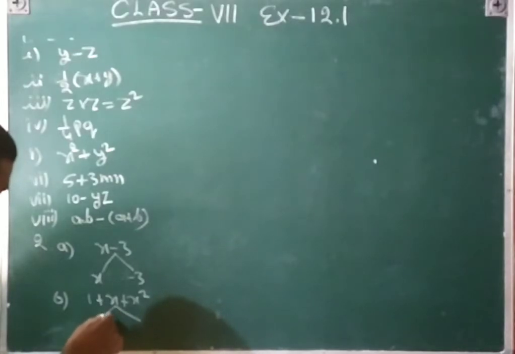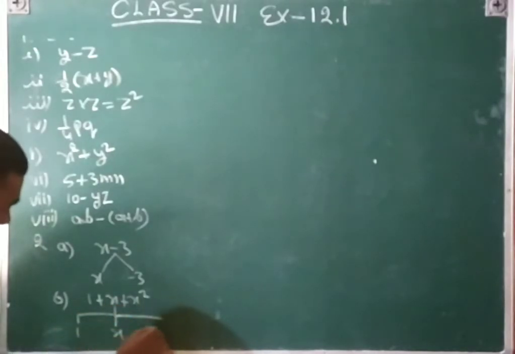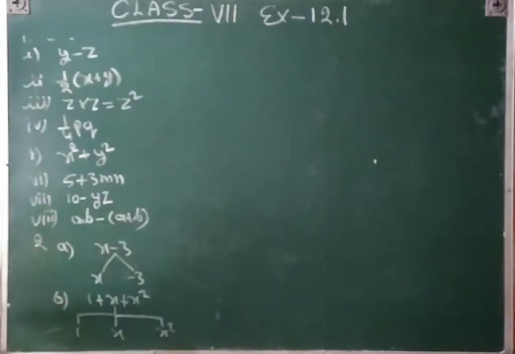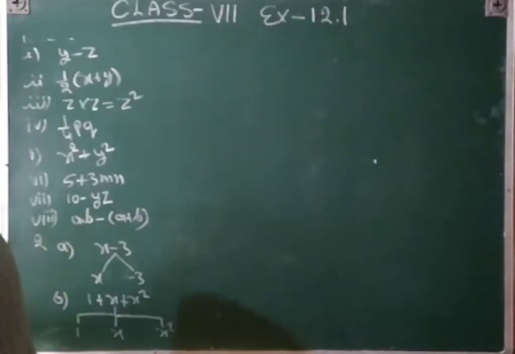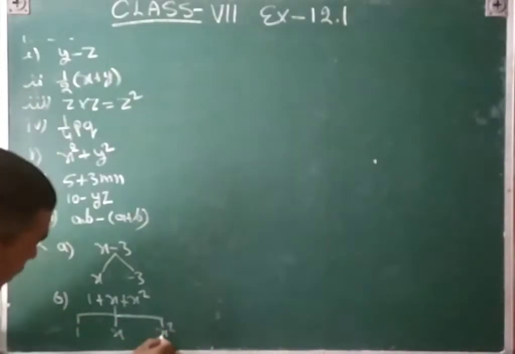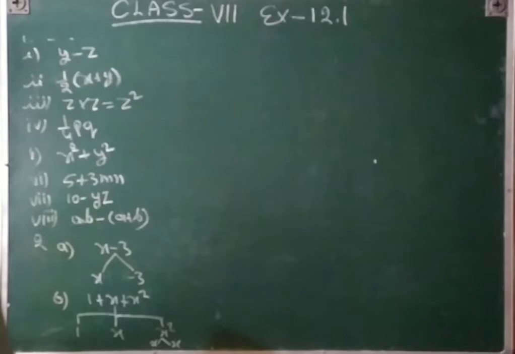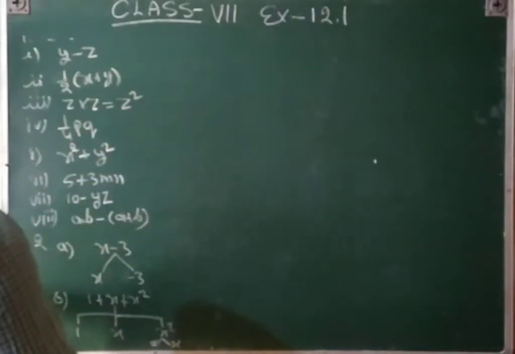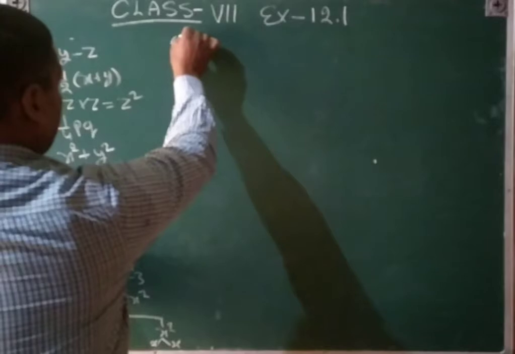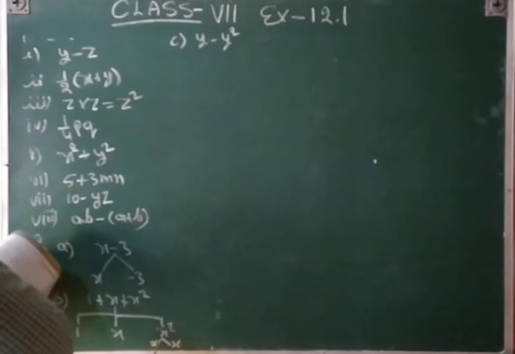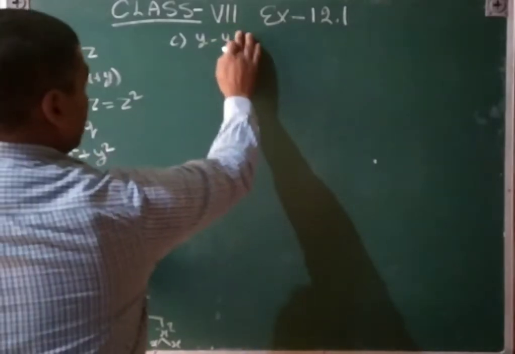The tree method will become like this. You will see now: 1, and then x square. 3 factors are there, so we go to 3 steps, and this is x square, so x times x. And then part c: y minus y power 3.